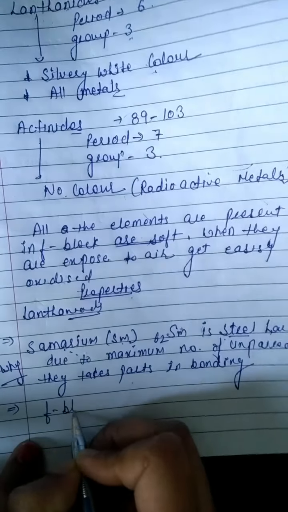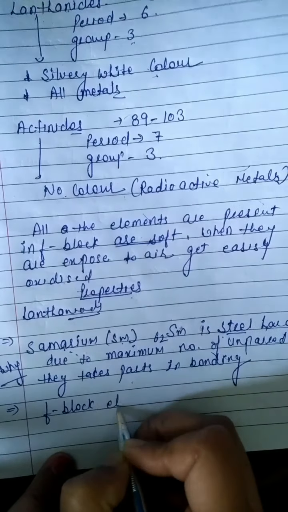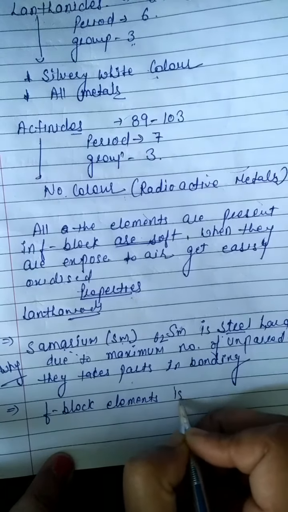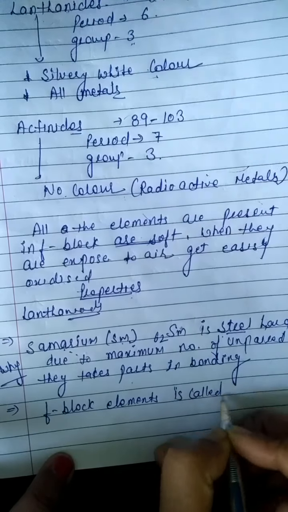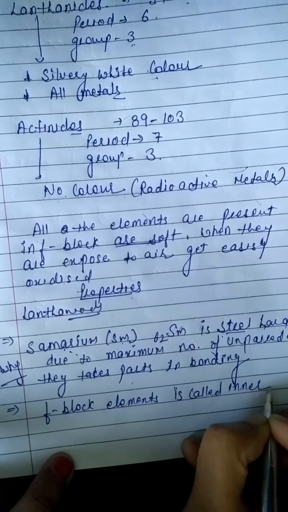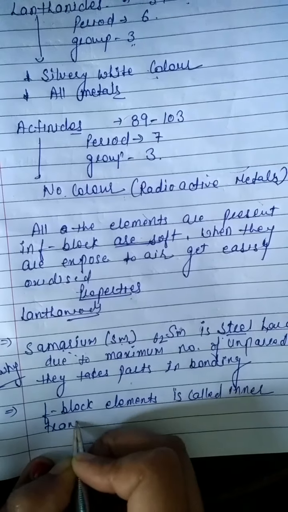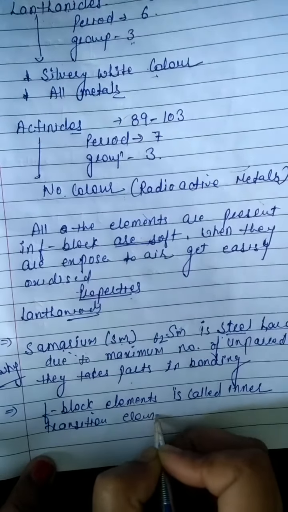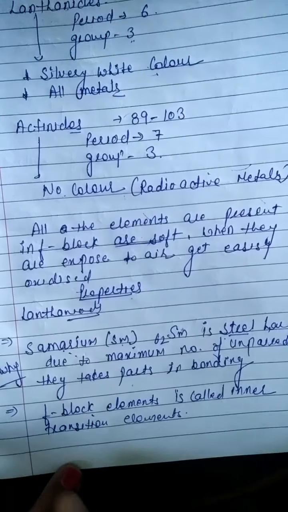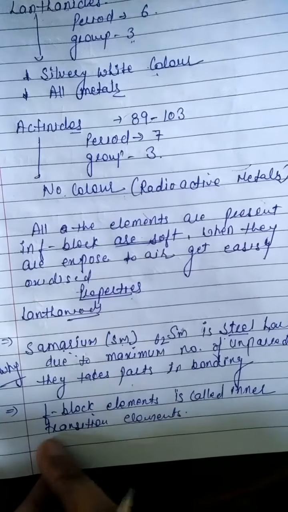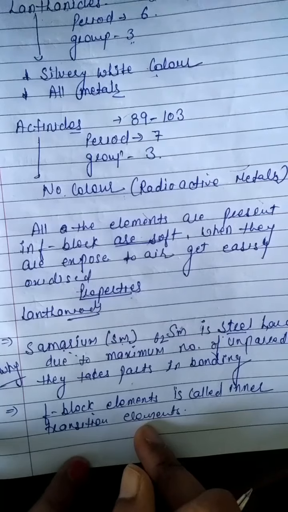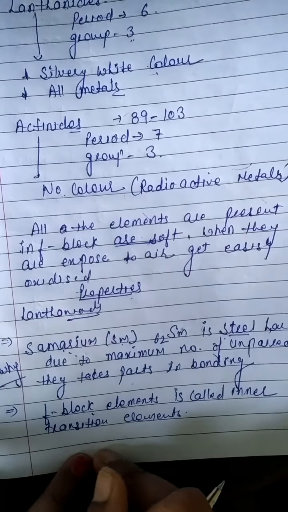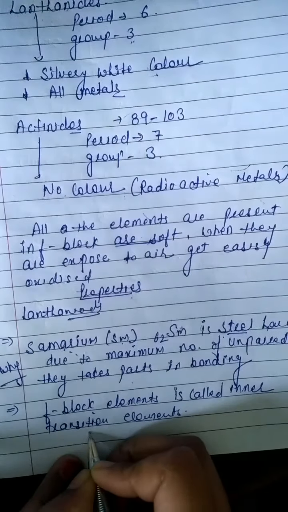And next, F block elements are called inner transition elements. Why are they called the inner transition elements?